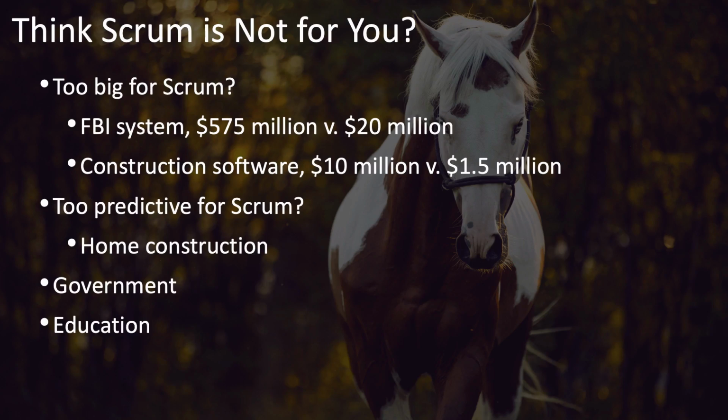When they started over using Scrum, they were able to complete the system in less than 2 years, and for only $20 million. That's less than 5% of what had been wasted on the waterfall approach. Can you imagine a more impressive turnaround?